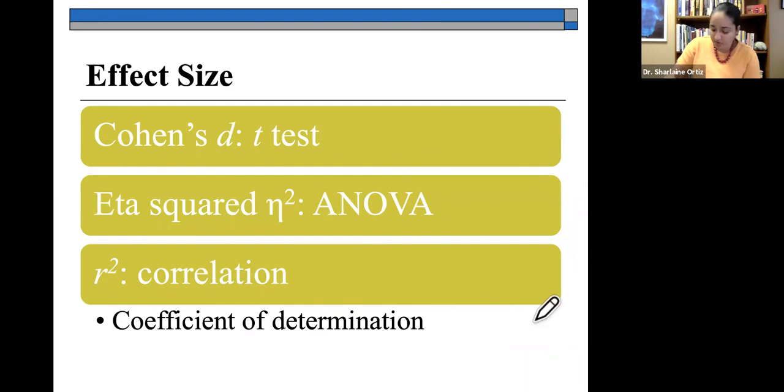Now, there's multiple ways that we can conduct the effect size within our data. So we have Cohen's d, and generally we use this for a t-test, eta squared, which we usually utilize in ANOVA, and R squared when we're looking into a correlation.